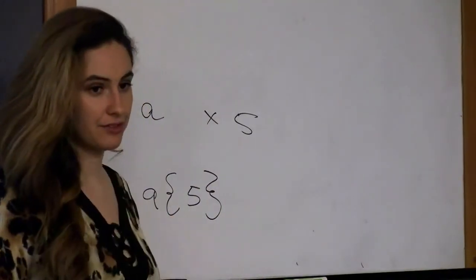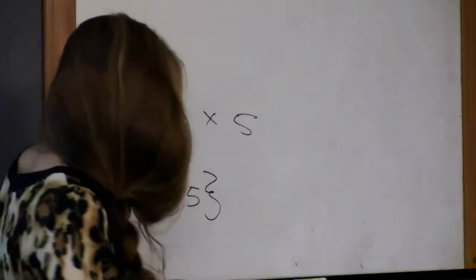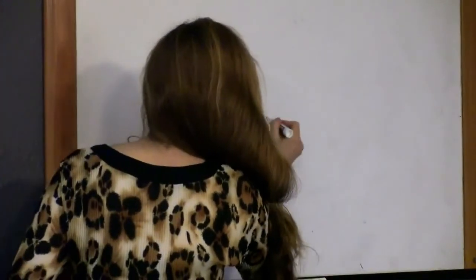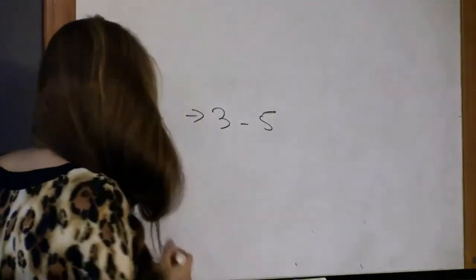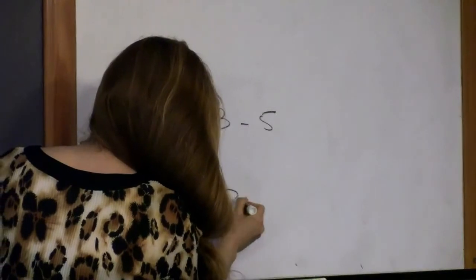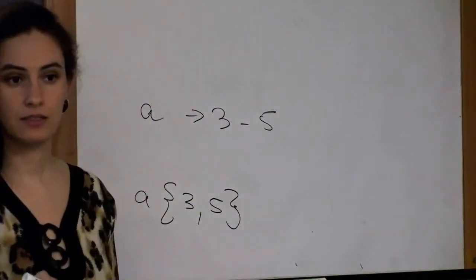I don't have to put 5 comma 5, just 5 once. But if I want to match A from 3 to 5 times, I would put A, 3 comma 5. Make sense?